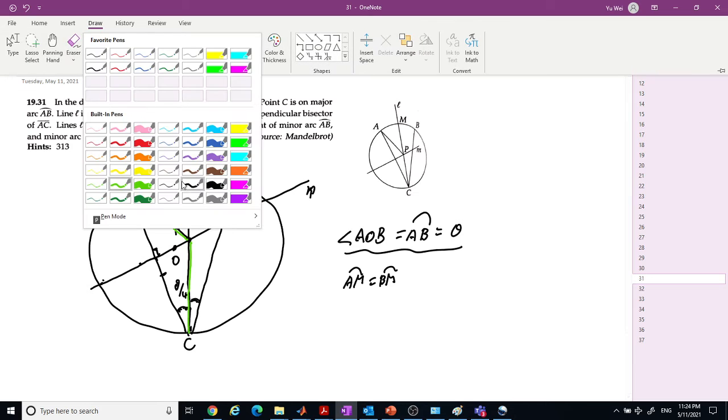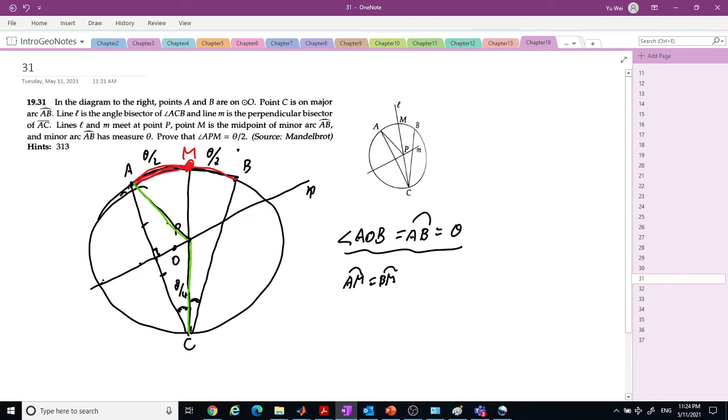So if PA equals PC, this angle is also theta over 4, right? And the angle x is the exterior angle of triangle APC, so x equals APB, the exterior angle of APC, so it's a quarter theta plus a quarter theta, which is half of theta.